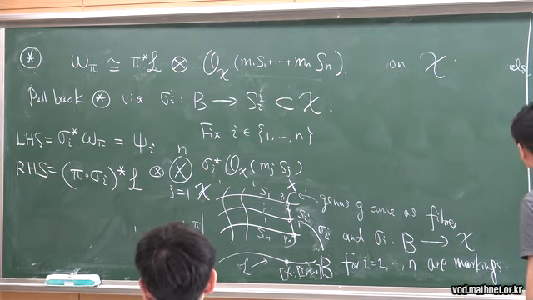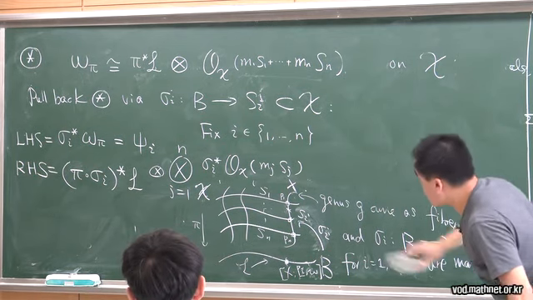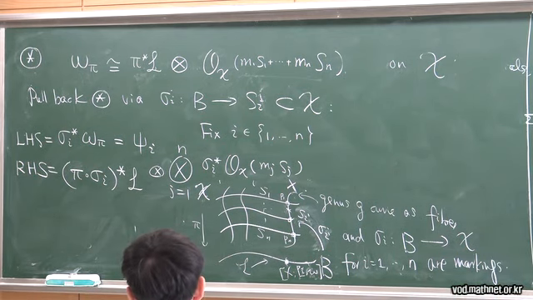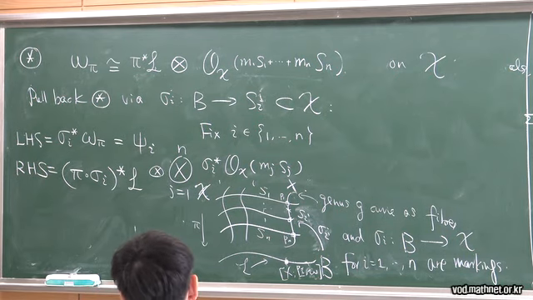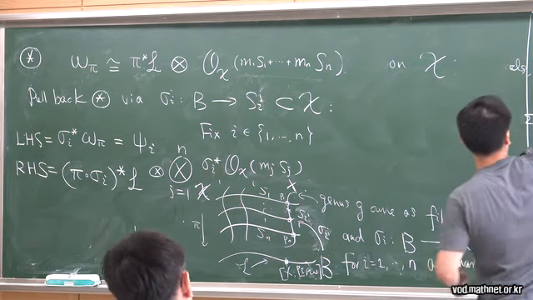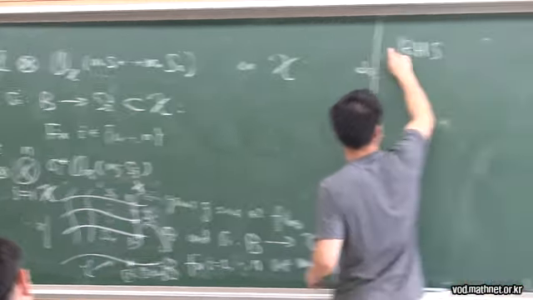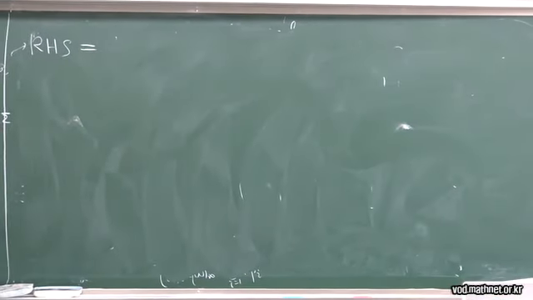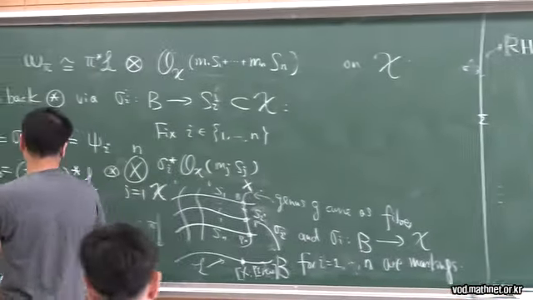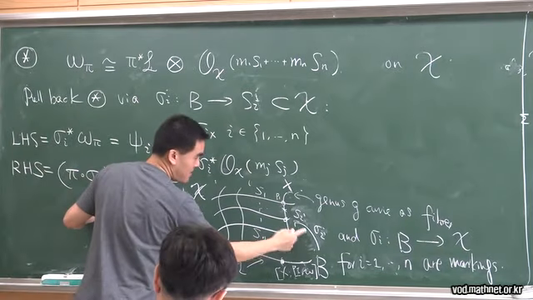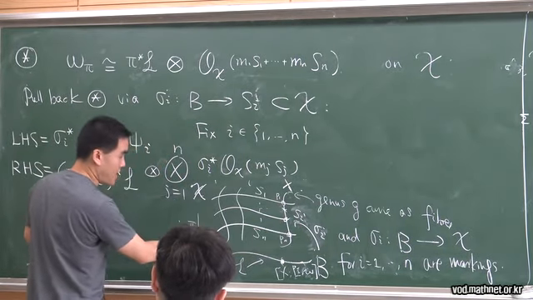So let me simplify the right-hand side. I'm not done yet. This picture somehow blocks my space, so let me move it here. So the right-hand side, let me continue. If I do sigma i and then compose with pi, this is the identity.